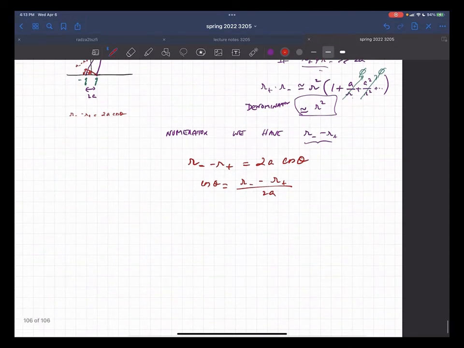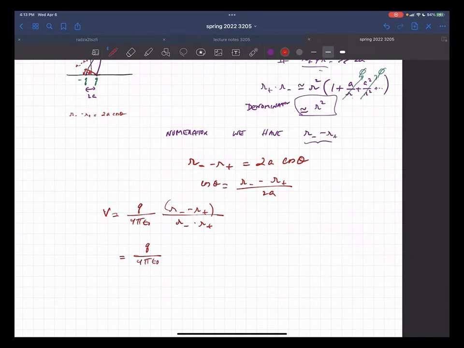So coming back to the V for the dipole, I said that's Q over 4 pi epsilon naught times (R minus R plus) over (R minus times R plus). Replacing these, we end up with Q over 4 pi epsilon naught.